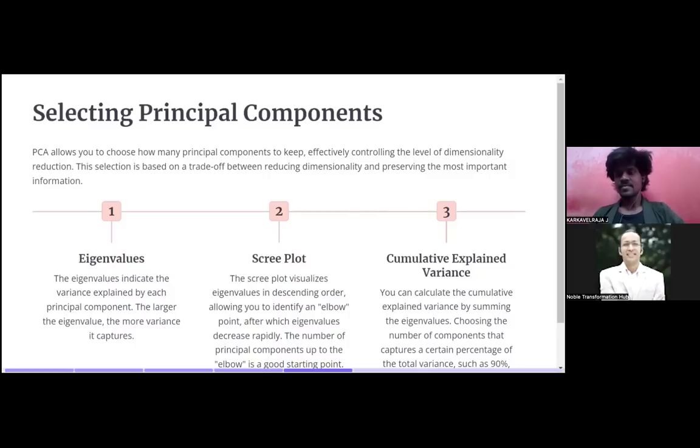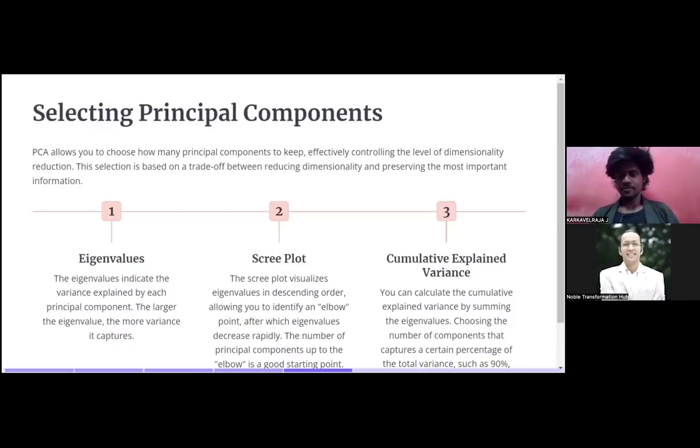That is the fundamental principle of PCA, guys. If you remember this, that's it. The selection is based on a trade-off between reducing dimensionality and preserving the most important information.